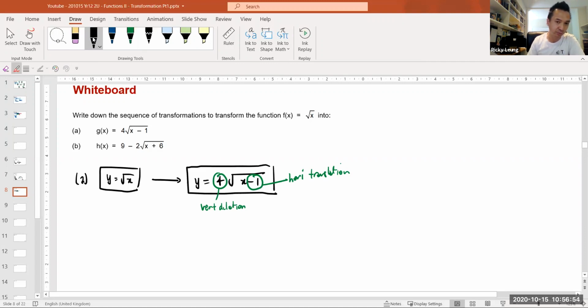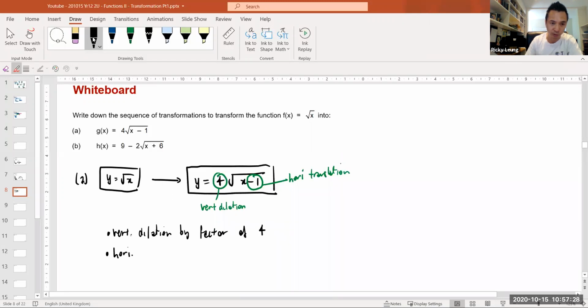So our answer then would be to describe both of these now. For this one, remember I said to you, dilation and translation, it doesn't matter if it's one of each across vertical and horizontal. It doesn't matter in which order they commute, so it doesn't matter which one you put first. But as a rule of thumb, do the verticals first. So the answer would be vertical dilation. Because it's 4, you can even use the word stretch, right? And then you go by factor of 4, and then horizontal translation.